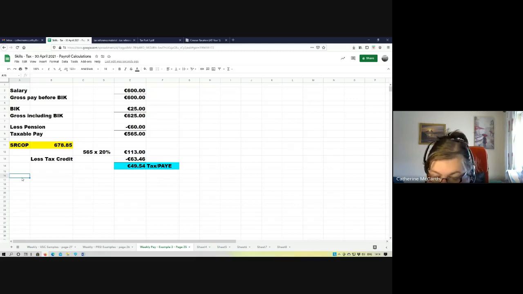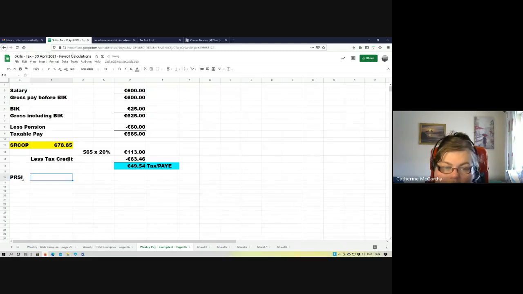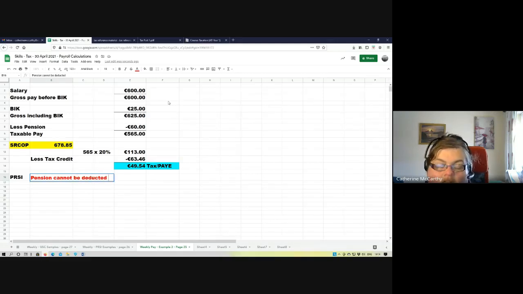Then we have our PRSI. Remember inside here, and I just keep putting it in, pension cannot be deducted for PRSI calculation. Okay, so we go back and we do PRSI on the figure including the BIK.